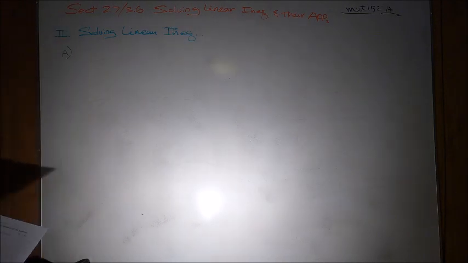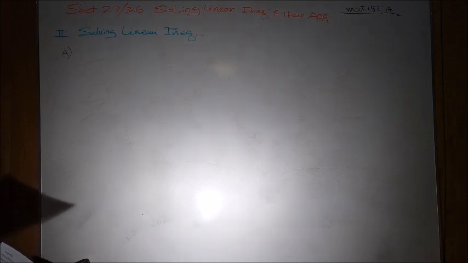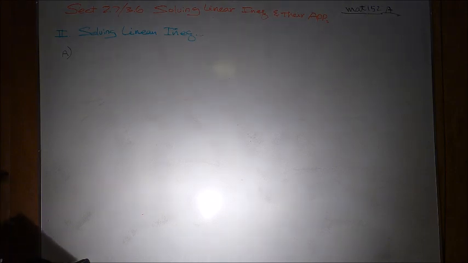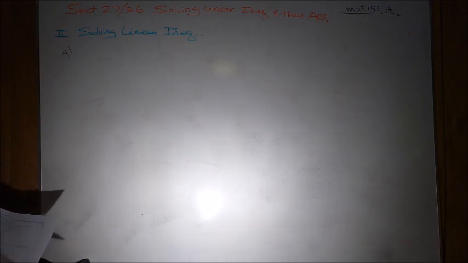Let's see the next part. Solving linear inequalities. We are going to actually solve it, okay? So what did we do? We just introduced the notations, how to describe the answers. Now we have to actually find it, okay? So linear inequalities means what? You must have an inequality sign, right?